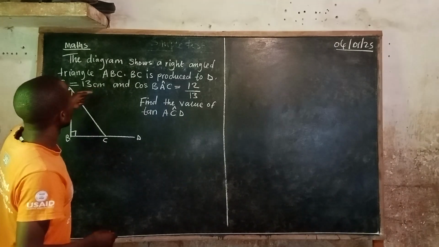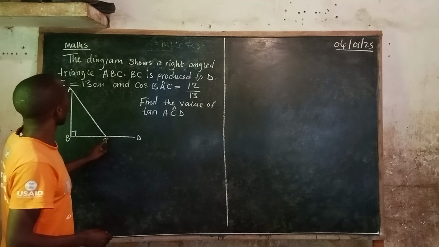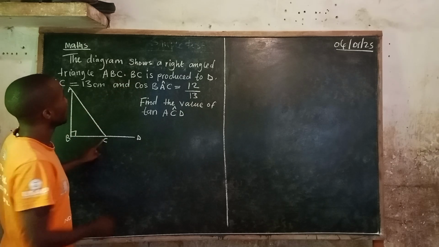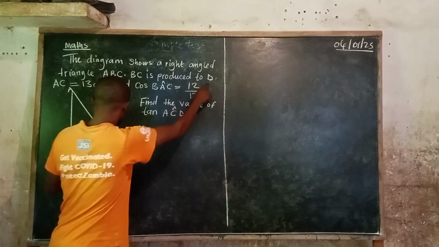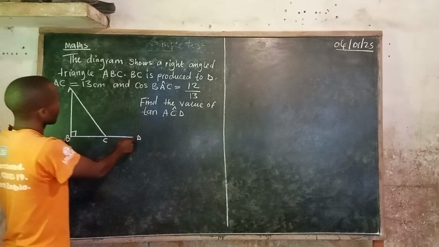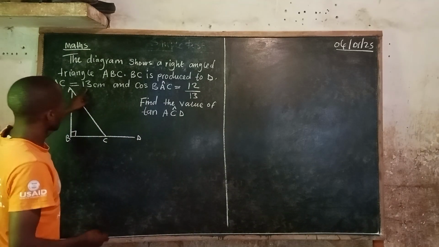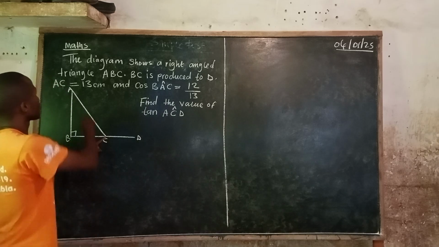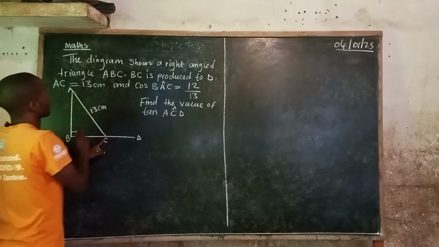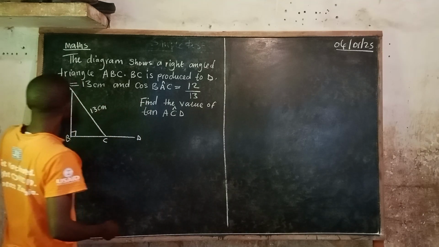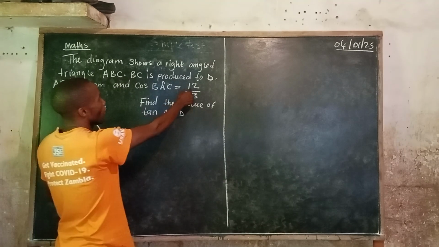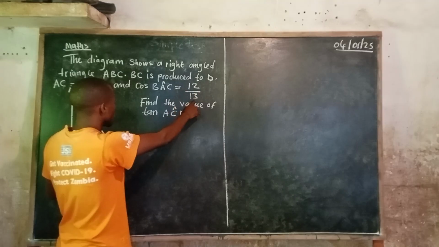Okay, so here we have ABC. Then we are given, they are saying BC, which is this one, BC is produced to D. Then AC is equal to 13 centimeters, and cos BAC is equal to 12 over 13.